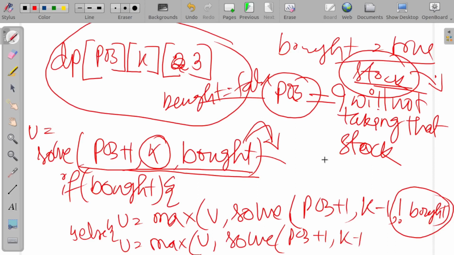So I already bought, so we'll have to sell it. If I sell that, I will take that amount, which will be the sold price, into my account. So that will be adding the value, basically the price of that position. And right now I don't have any stock, so we'll have to buy.